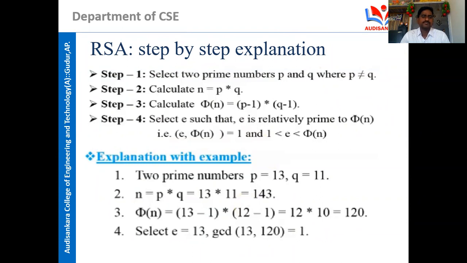And in step 4, you find the value E, and then you have to find the GCD between these two. For E we have taken 13, and then we performed the GCD, and the value is 1.